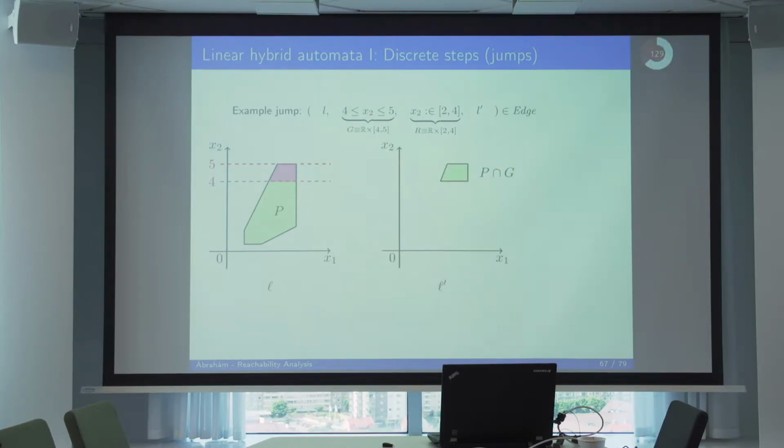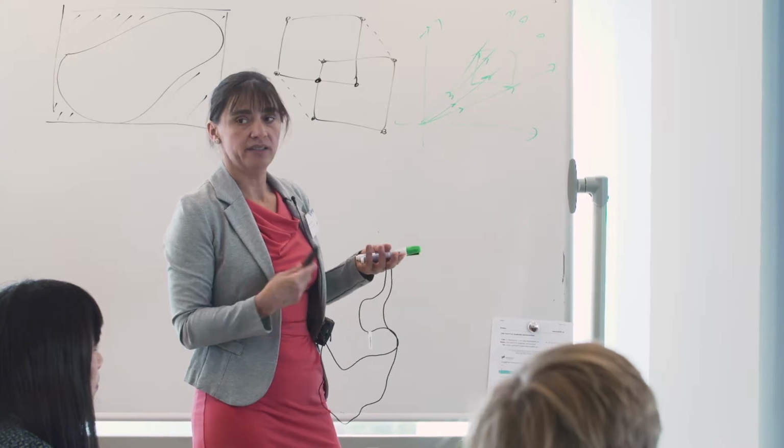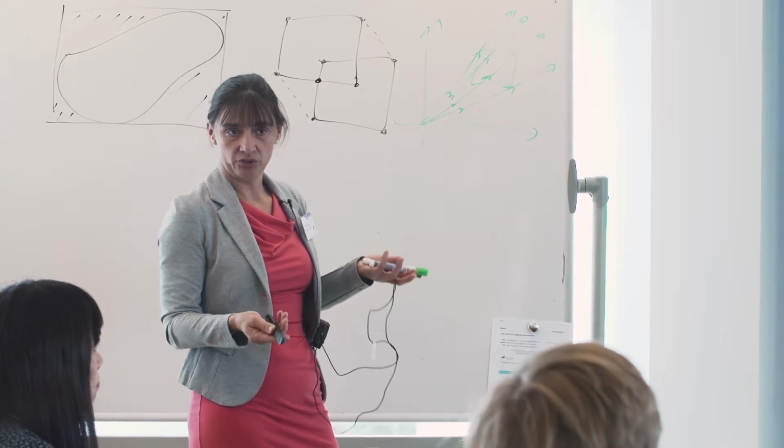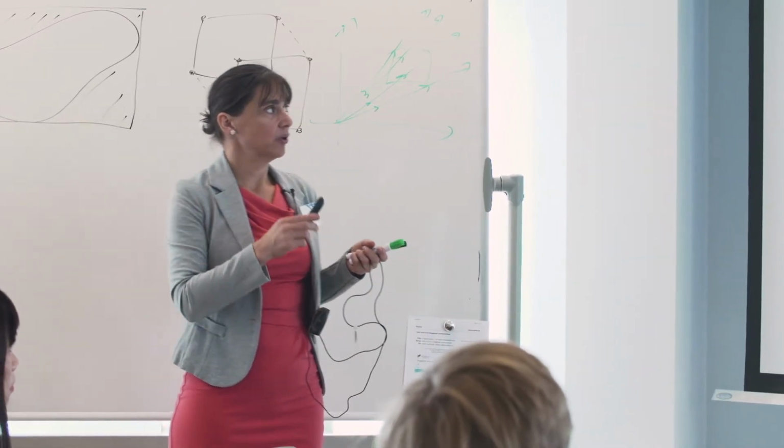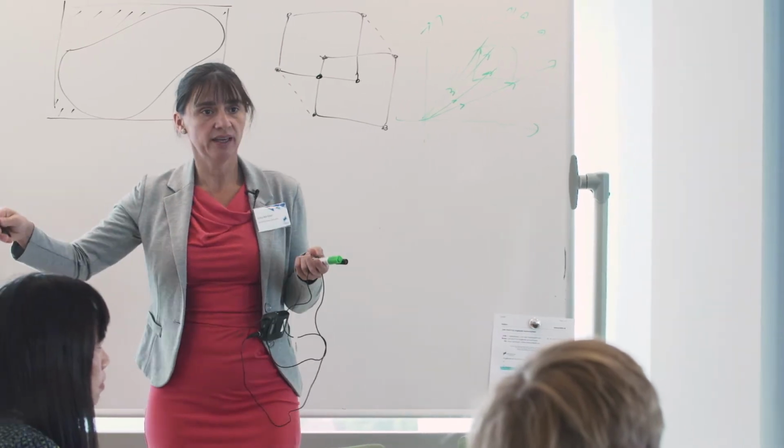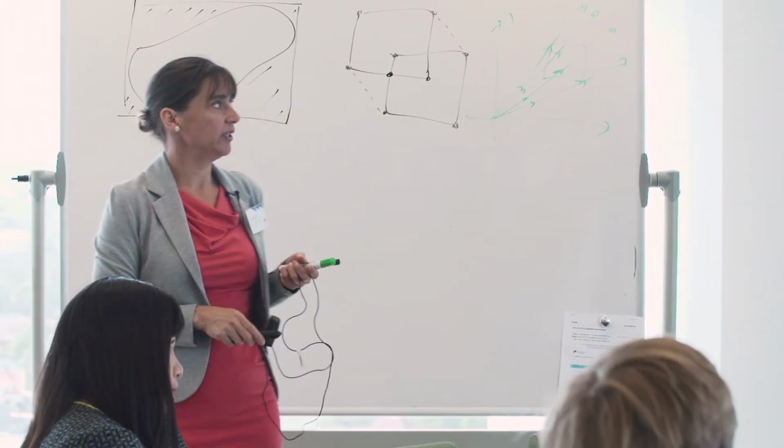And once I computed that, I need to apply the reset. And this is a linear transformation, because we assumed it is linear. So each variable is set to a linear expression, which is a linear transformation.